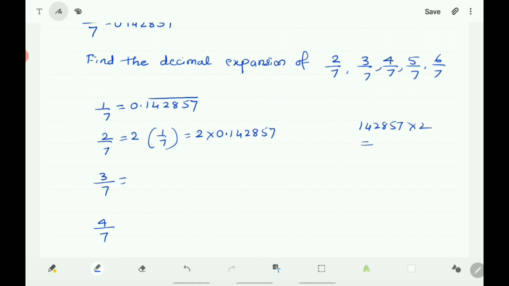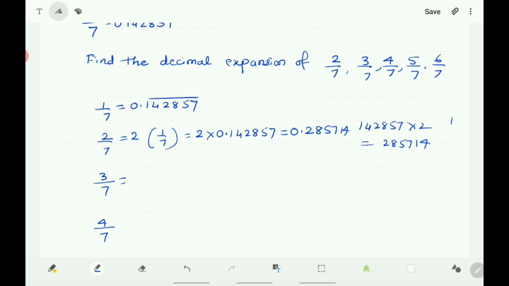You will get 7 2s are 14, 5 2s are 10 plus 1, 11, and 8 2s are 16 plus 1, 17, and 2 2s are 4 plus 1, 5, and 1 4 2s are 28. So you will get 0.285714. The decimal expansion of 2 by 7 is 0.285714.